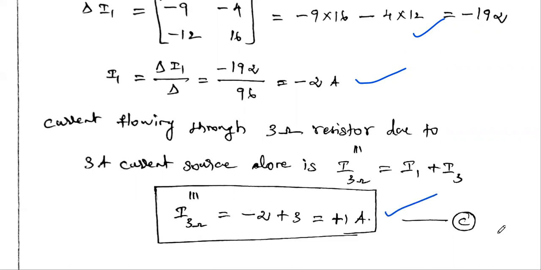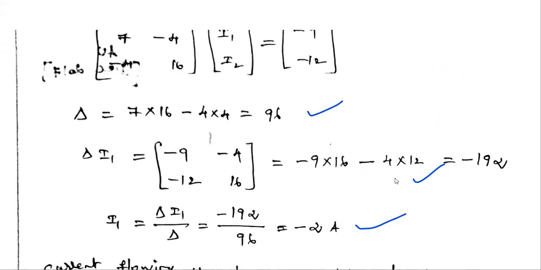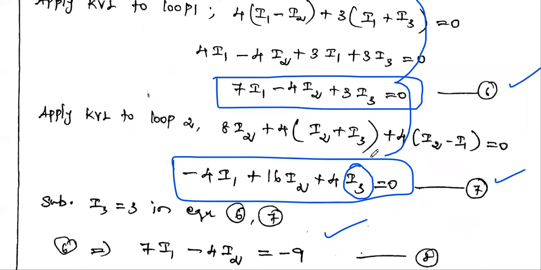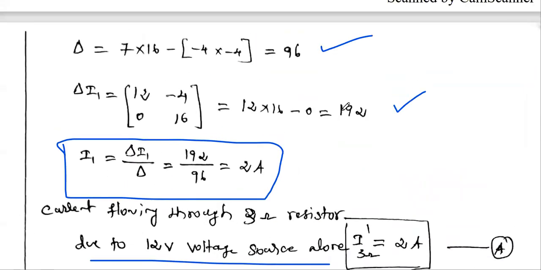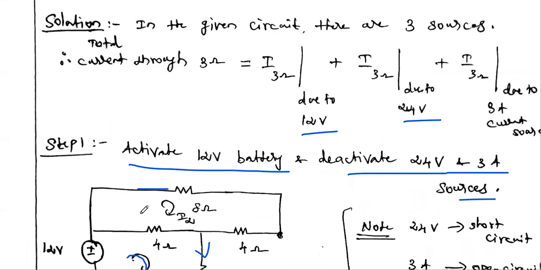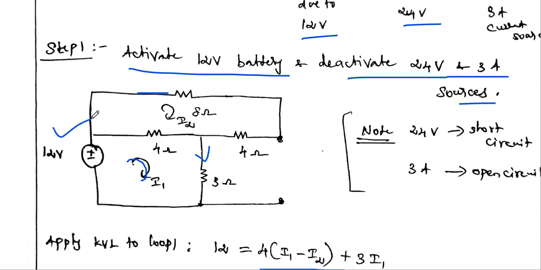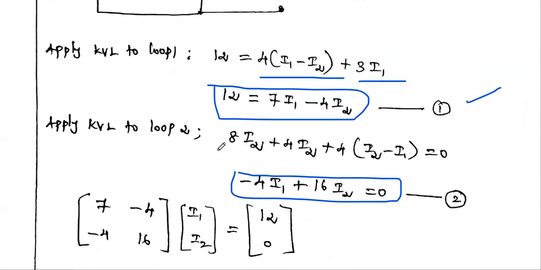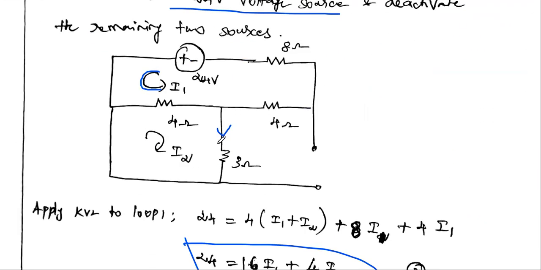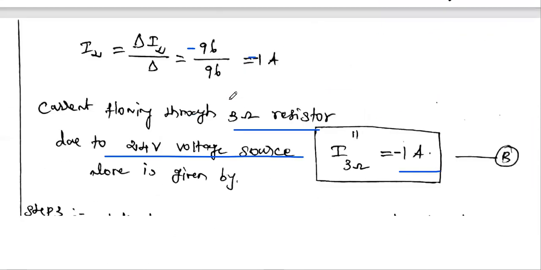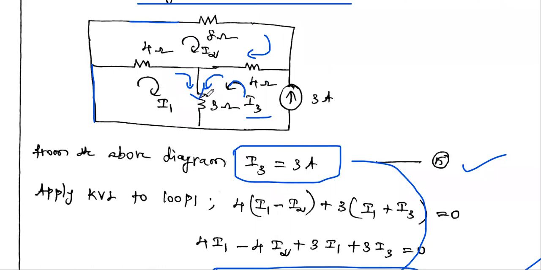This is equation number C. Now according to the superposition theorem, in step number 1, we calculated the current flowing through the 3 ohm resistor due to the 12 volt battery. In the second step, due to the 24 volt battery. The third one, due to the 3 amp current source.